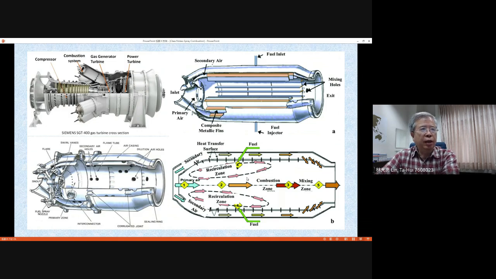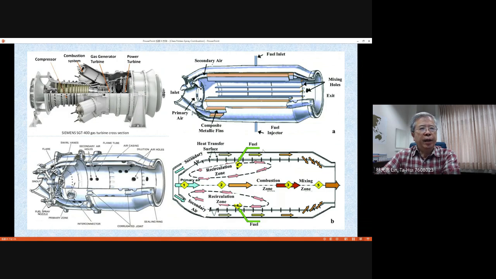Here, let's look at the flow structures. Position 1 tells you the primary air coming in. Actually, this configuration corresponds to the pictures shown in the upper side. Now the primary air is coming in, and here they will try to have some flow design to make a recirculation zone. A pair of recirculation zones exists in the combustion chamber.